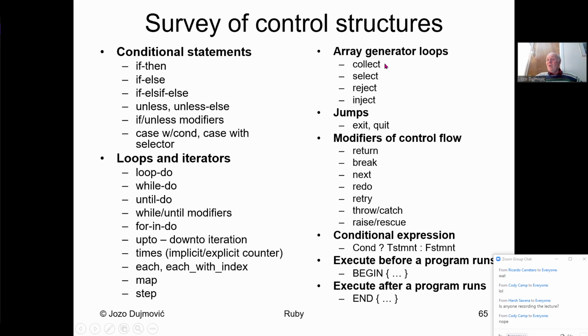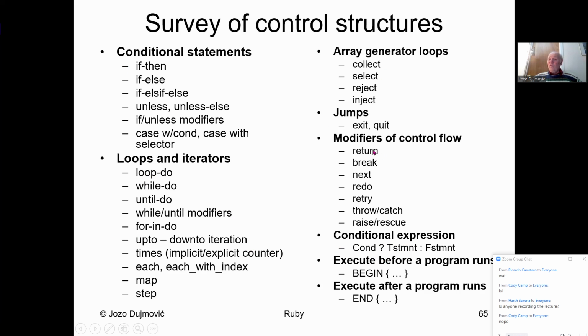And this is something that is very frequently used. You process the loop by doing some operations with components. So either those that satisfy a condition, or you reject those that satisfy a condition, or you select all of them, or you inject. So jumps: exit and quit are two of them.